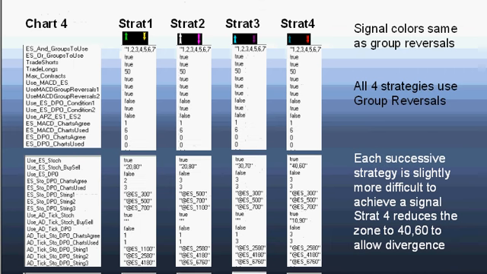Here's another chart that we're also running a group of 4 different strategies. Same kind of input information in the left-hand column, but a variety of different settings shown here. We've adjusted the overbought, oversold zones.